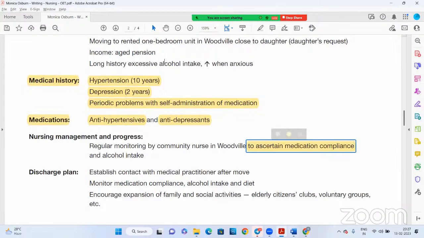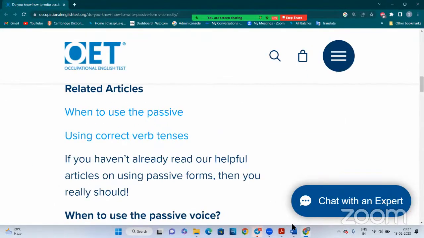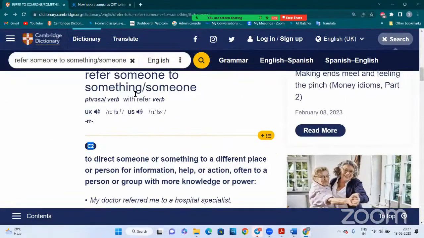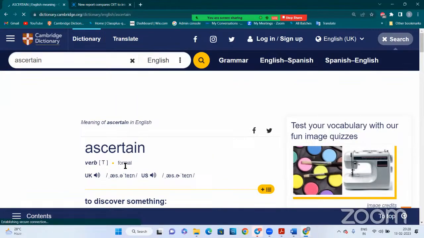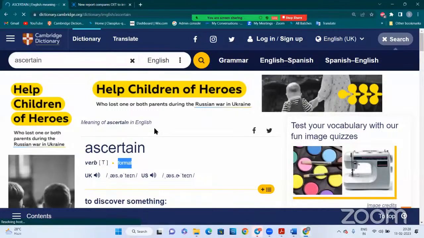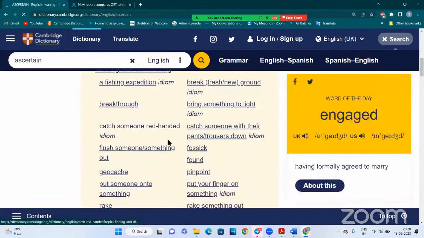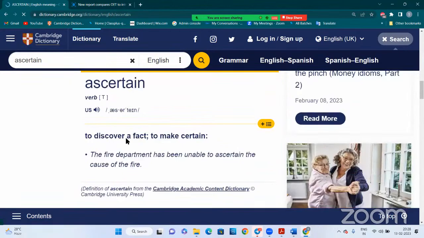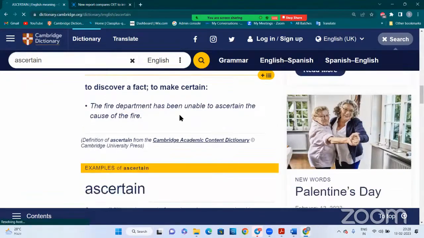Now what is this word ascertain? Ascertain is a very special word. I don't know how many of you know this word. Ascertain is a formal word to discover something, to make certain of something, to make sure.